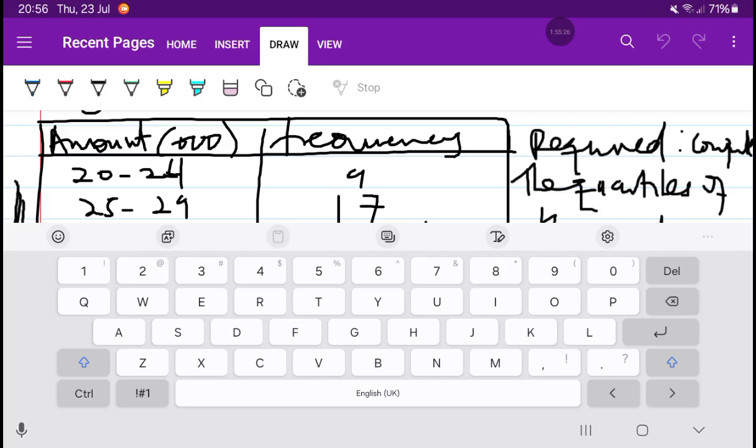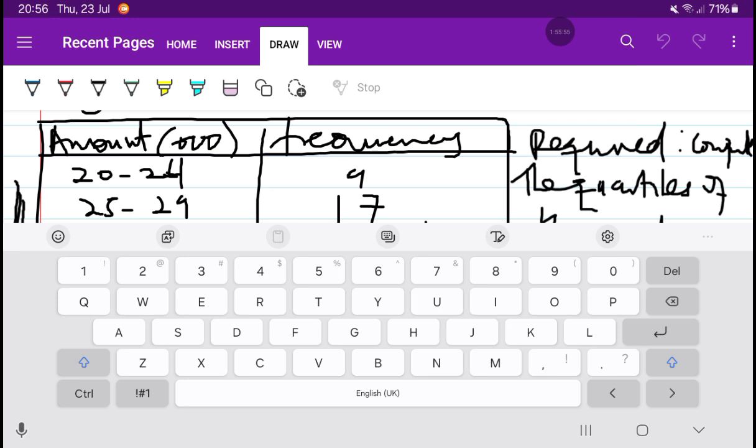If it is the second quartile, you divide by a half, or 2 out of 4, which is 50% of the total frequency. Then for the third quartile, Q3, you get 3 out of 4 times the total frequency. That's how we get the quartile classes that we are going to use.